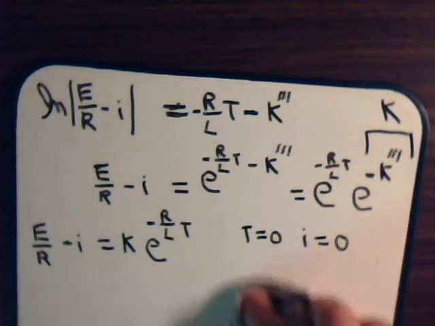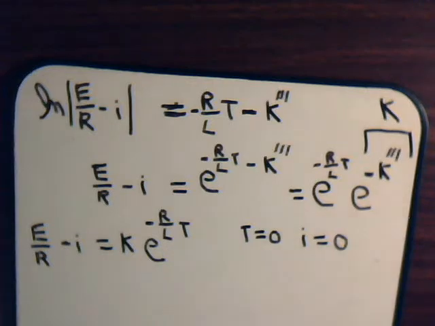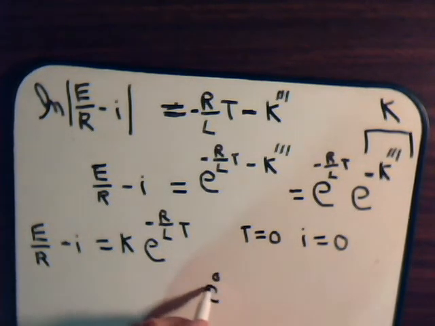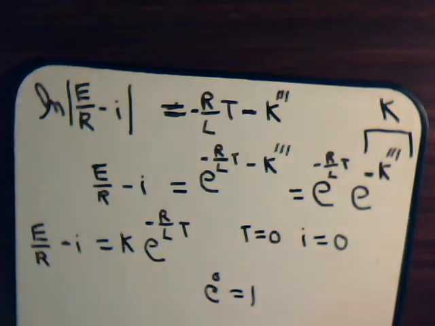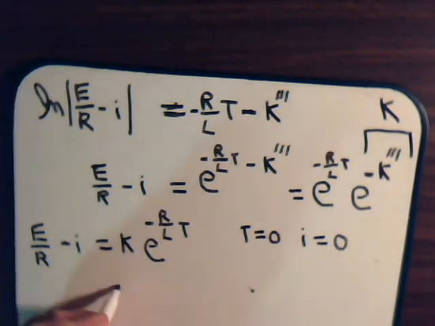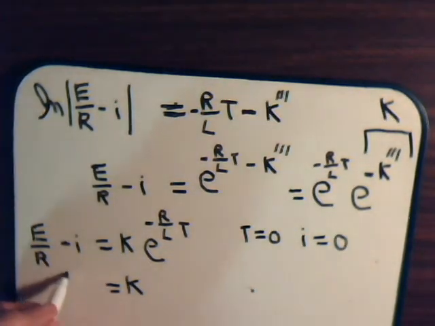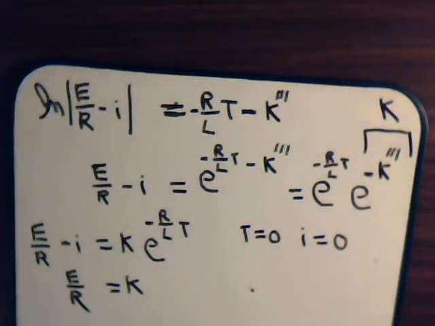So if t equals 0, I have e to the 0 power. That's just 1. e to the 0 equals 1. Any number raised to the 0 power is 1. So on this side, when t equals 0, this is 1, so I have K. I is 0, so I have E over R. So we have determined then what this constant is.